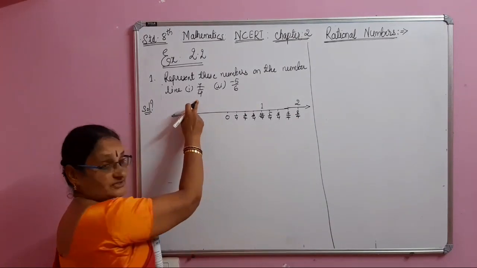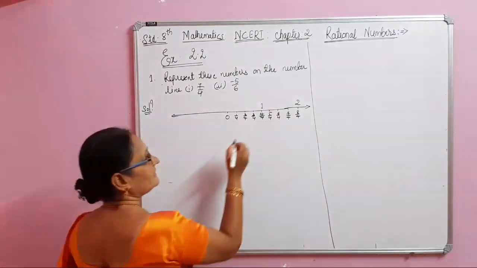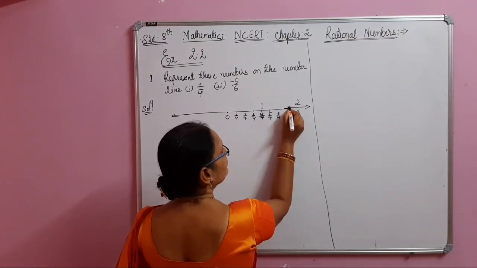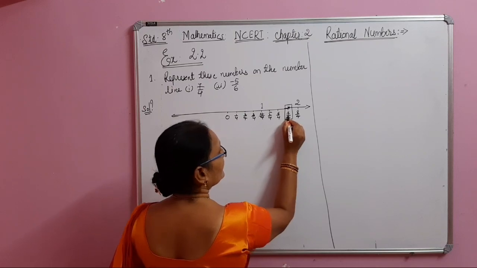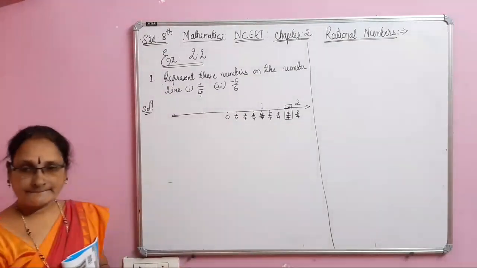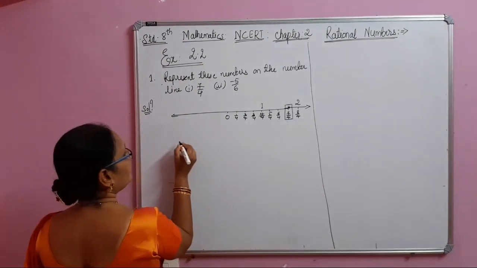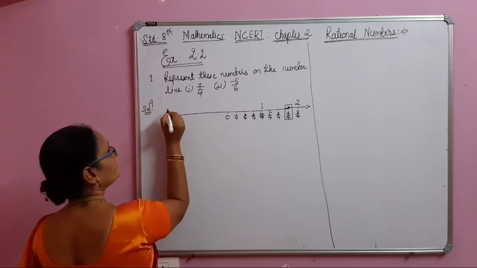Now which one do we want? 7 by 4. Where is 7 by 4? This is the required rational number on the number line. The same way, second one. This is the first one.